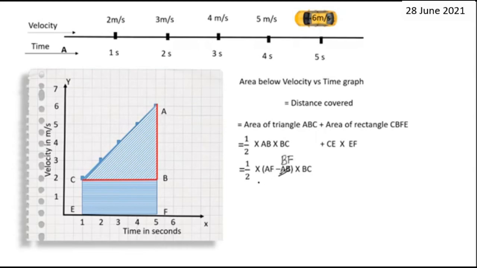Please correct this, AF minus BF, and you get AB, right? Plus CE into EF, right?